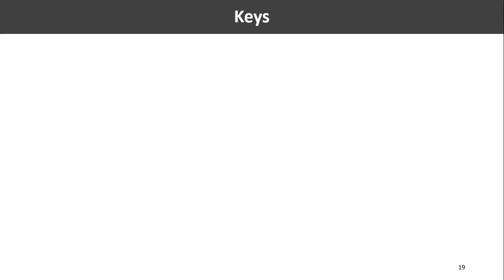Today we are going to introduce these various kinds of keys, and later on, when we once again go to relational database schemas, we'll have a detailed discussion about the keys. But now let's see the concept.